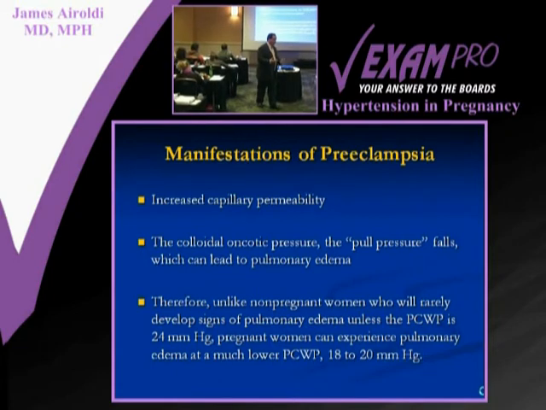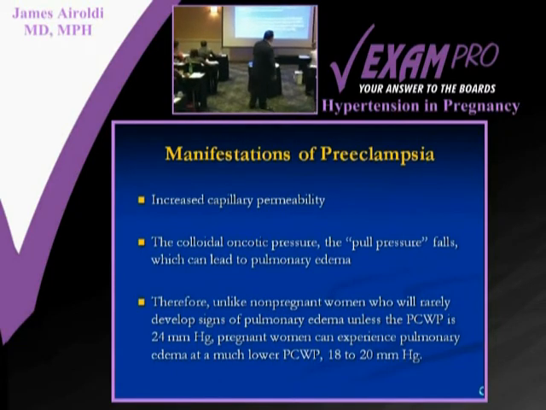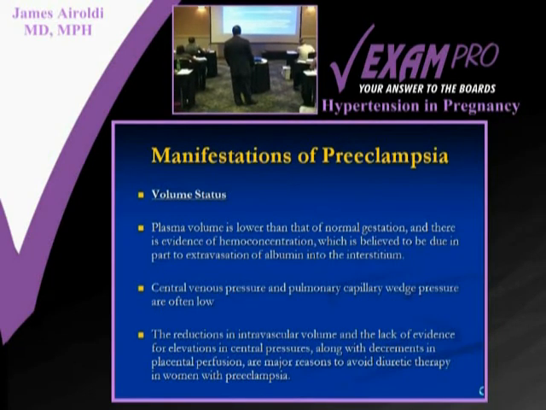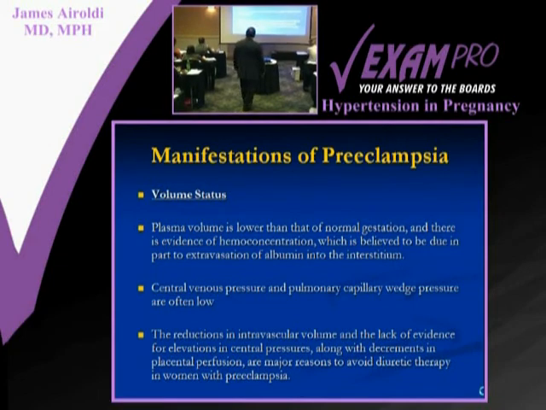That's the pull pressure that keeps those proteins in the vessels. So you're a setup for pulmonary edema. Your volume status is lower than that of normal gestation, and that's evidenced in hemoconcentration. So always look at their H&H. If their hemoglobin's over 13, there's a problem. They're concentrated. They're volume constricted.